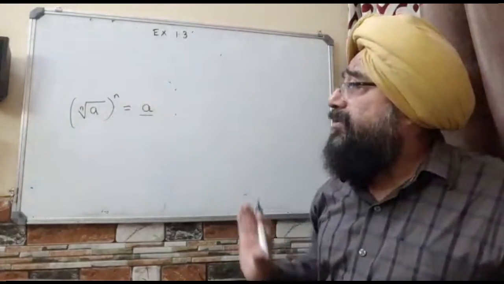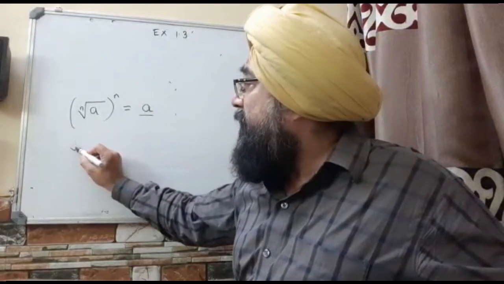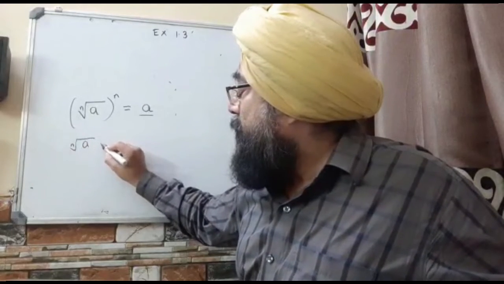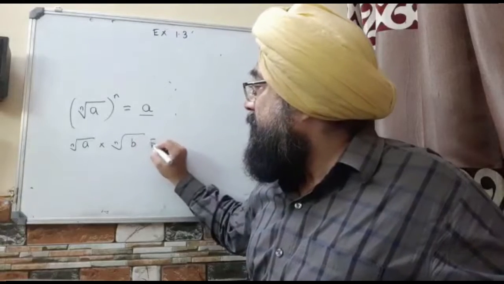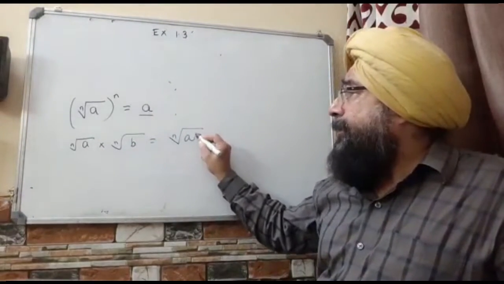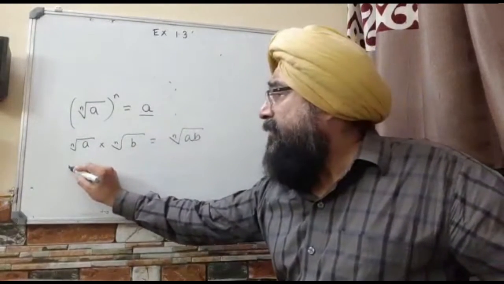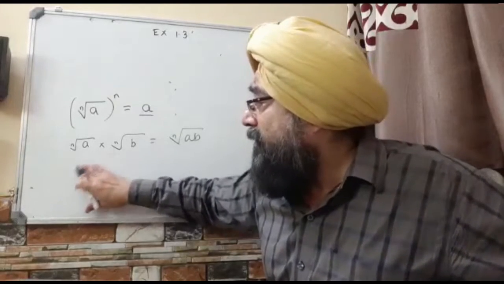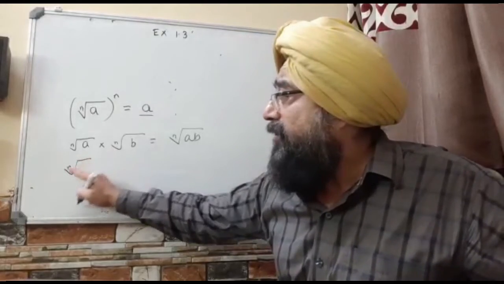So the under root vanishes. Likewise, there was a second law: nth root of a multiplied with nth root of b is equal to nth root of ab. Likewise, for nth root of a divided by nth root of b, be very clear that this n must be written inside this boat, it should not be outside.